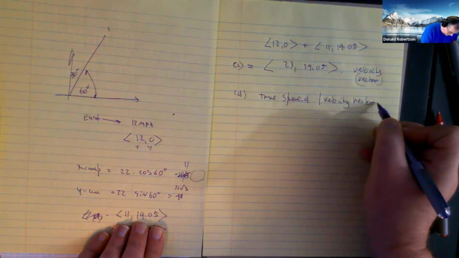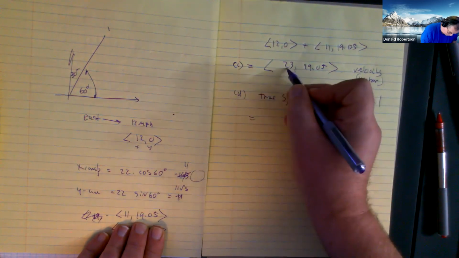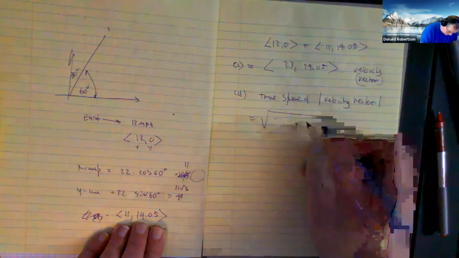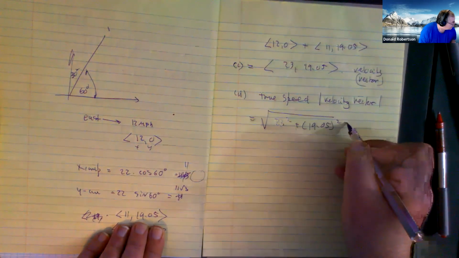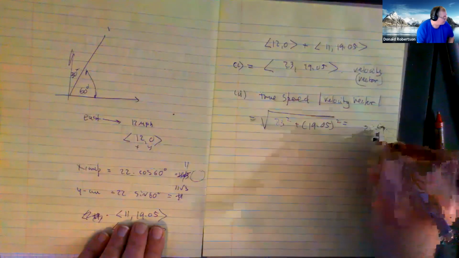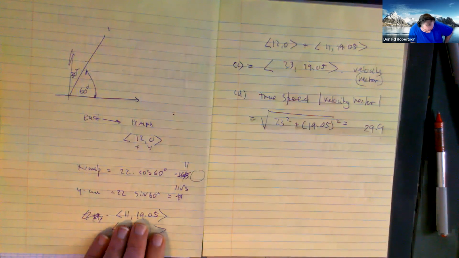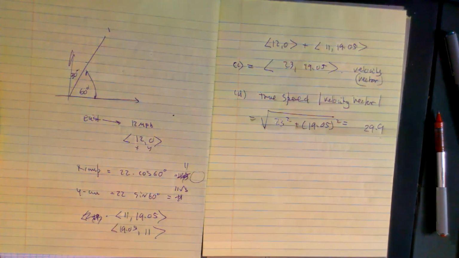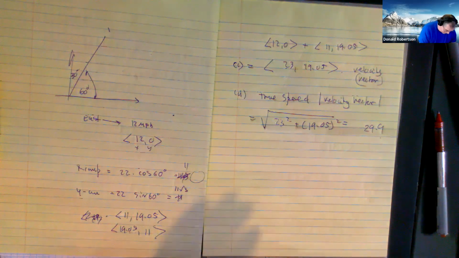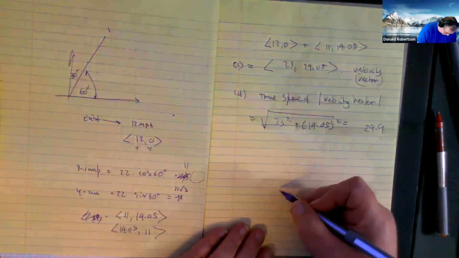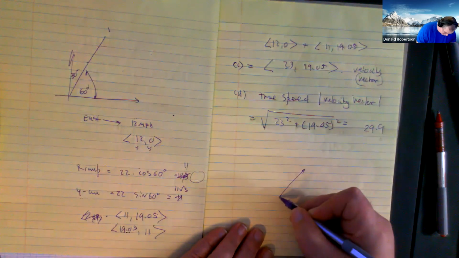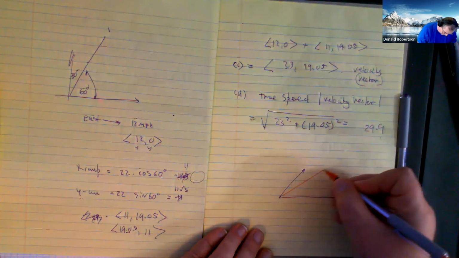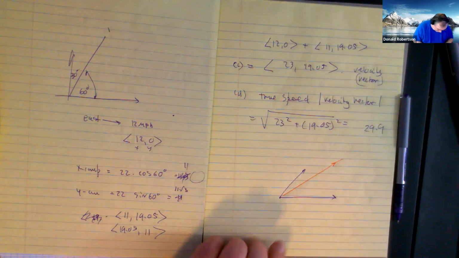If you find the magnitude of this vector, which is 23 squared plus 19.05 squared, you would have got the answer 29.9 according to them. That's what it says here. Now, if you imagine you've got your boat going this way and the current going that way, your answer is somewhere between them. That's your boat, the real direction.